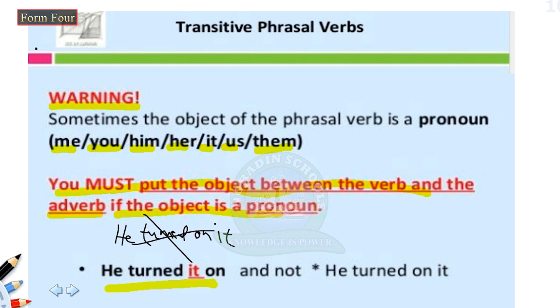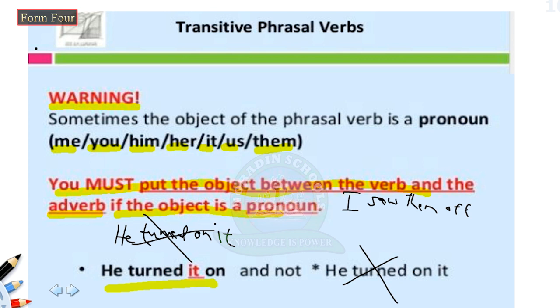Another example: I saw them off. Do not say I saw off them. It's incorrect. And not he turned it on it. This is incorrect. But the correct one is turn it on.